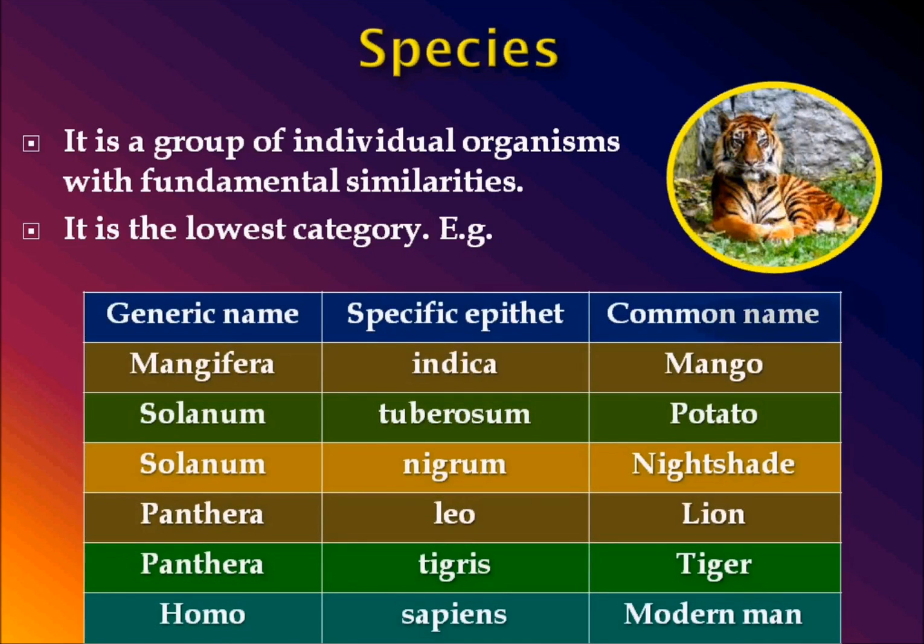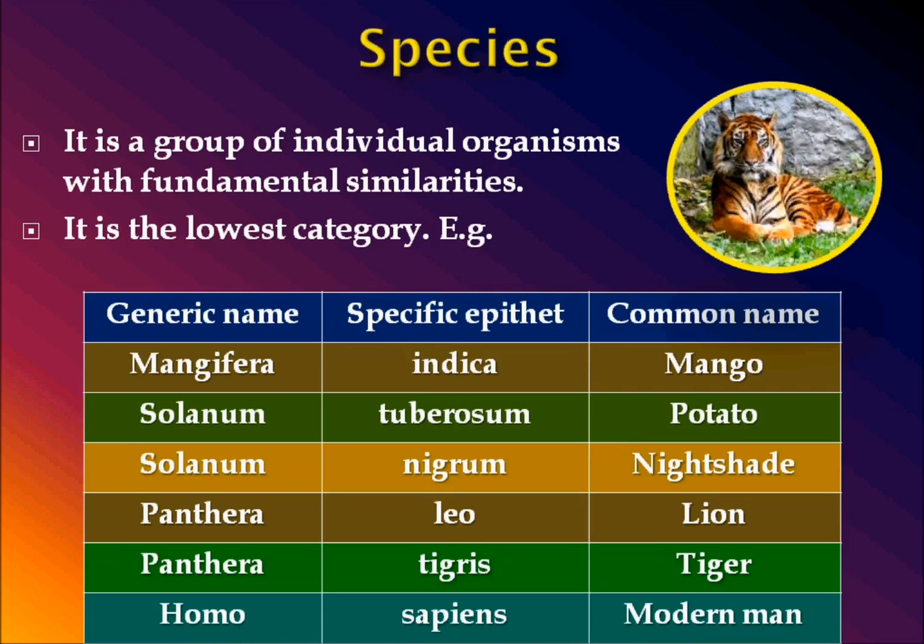For example, Mangifera indica, whose common name is mango. Mangifera is the generic name and it starts with a capital letter, and indica is the specific name and it starts with a lowercase letter. Obviously you have to italicize the generic and the specific names.